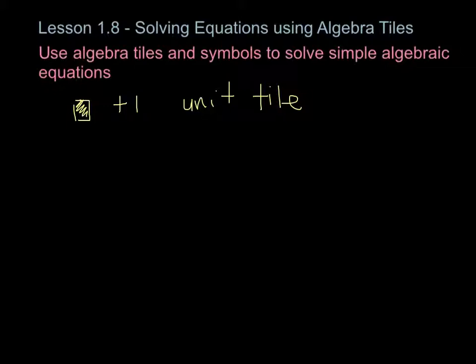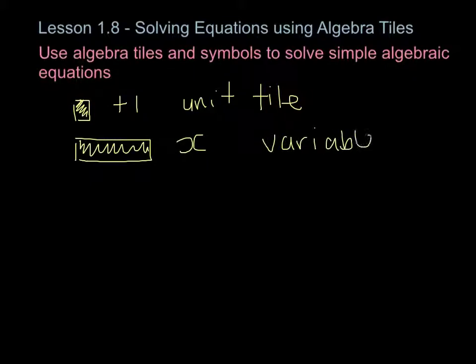However, we're going to be introduced to a new tile, a long rectangular tile that is also yellow, and this represents x, or a variable, and we call this a variable tile. We're going to use these two tiles to help us visually and pictorially solve equations using algebra.